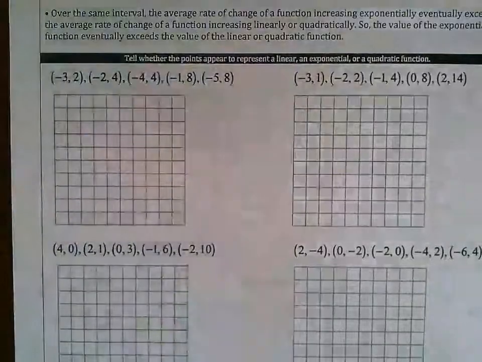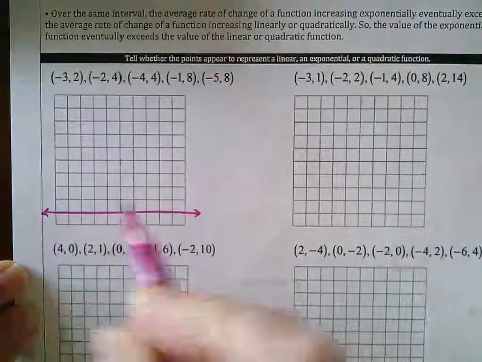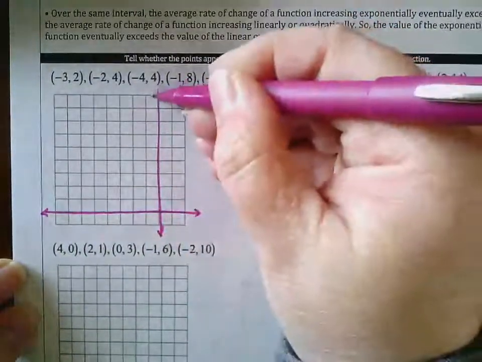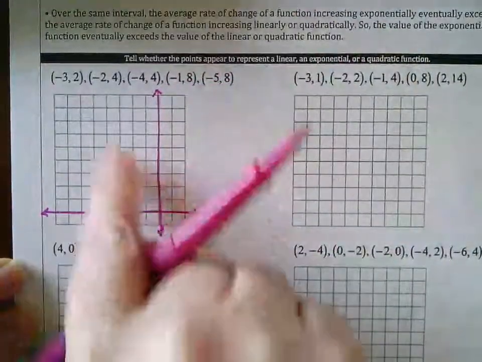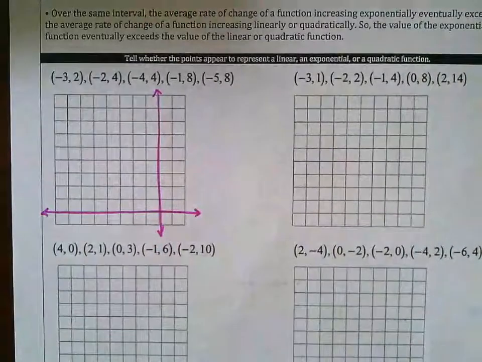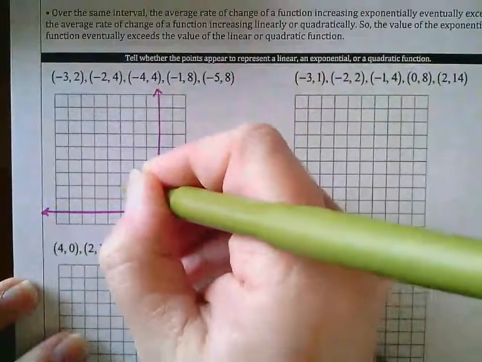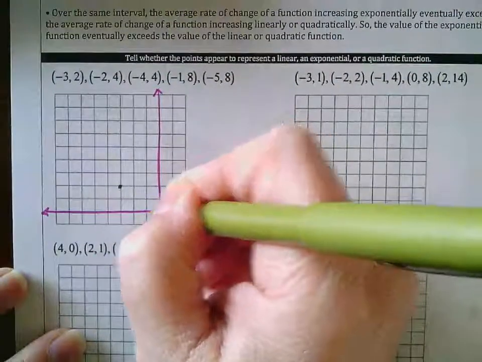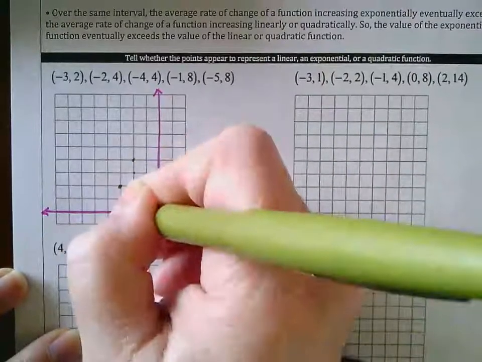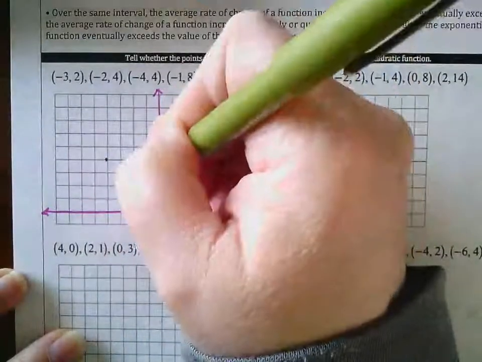So if you look at this graph right here, I should have pre-done these, but I didn't. The reason I'm making it like this is because I can look at the points and determine what I need. So that's why I put it like that. But you have -3, 2, -2, 4, and -4, 4, -1, 8.